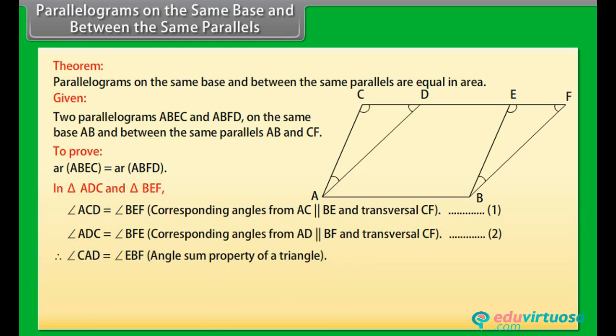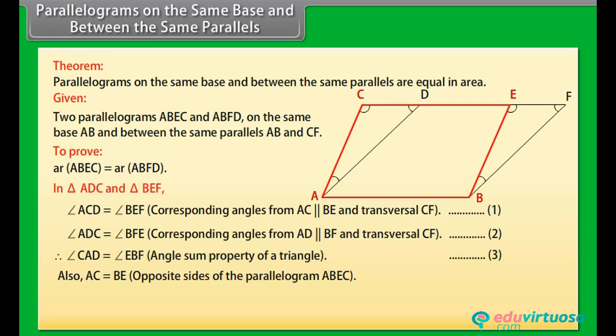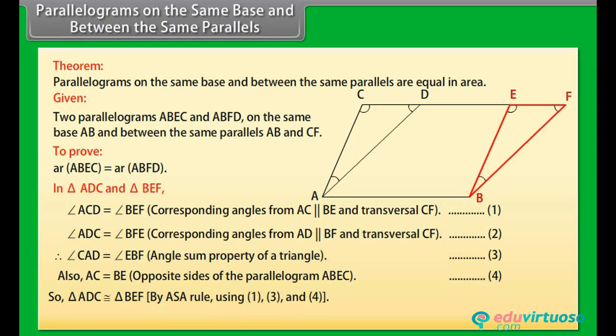Therefore, angle CAD is equal to angle EBF, angle sum property of a triangle. Mark it as 3. Also, AC is equal to BE, opposite sides of the parallelogram ABEC. Mark it as 4. So, triangle ADC is congruent to triangle BEF by ASA rule using 1, 3 and 4. Therefore, area of ADC is equal to area of BEF because congruent figures have equal areas.